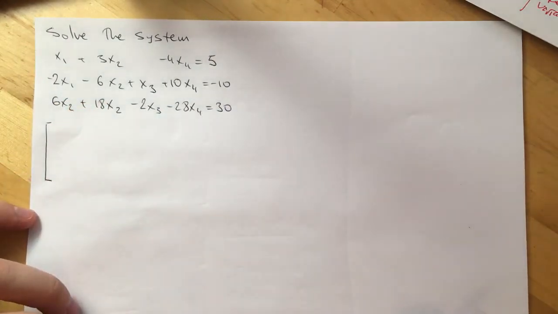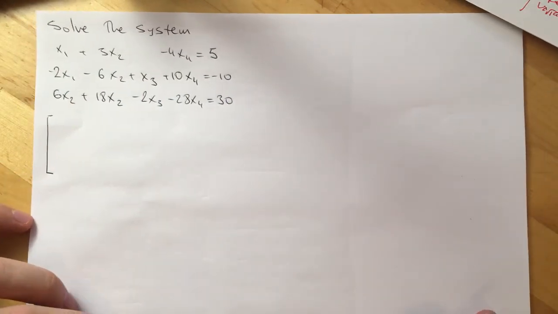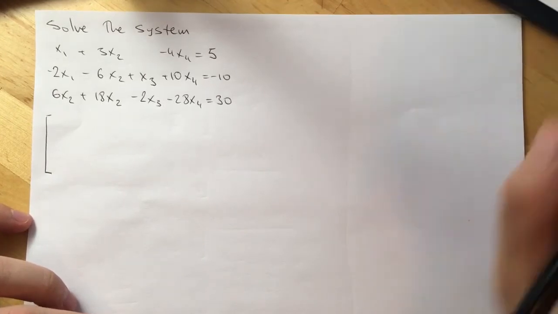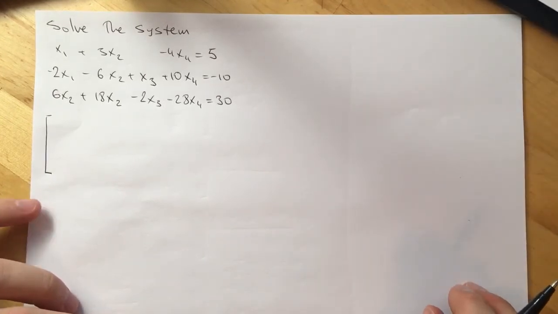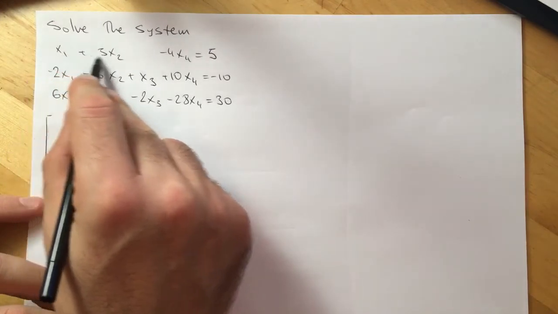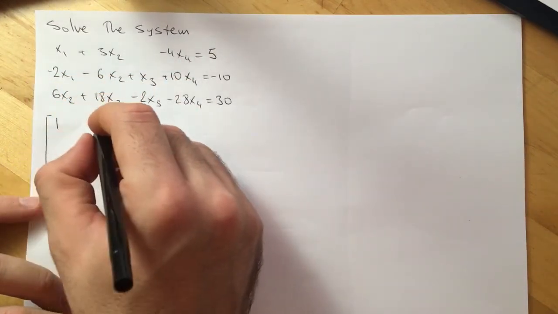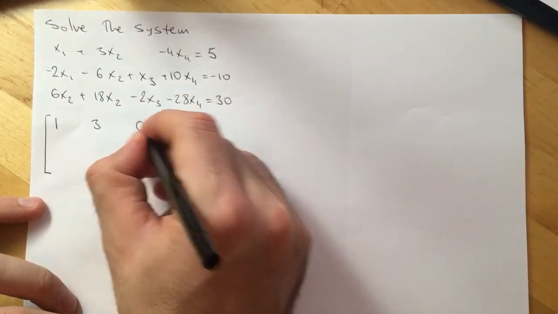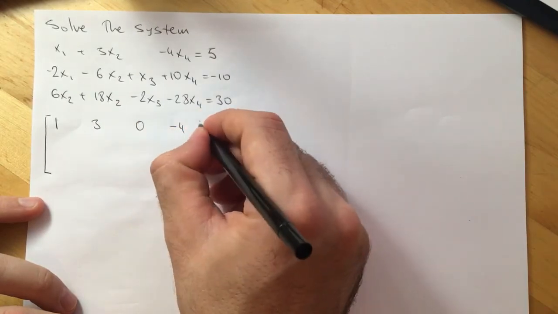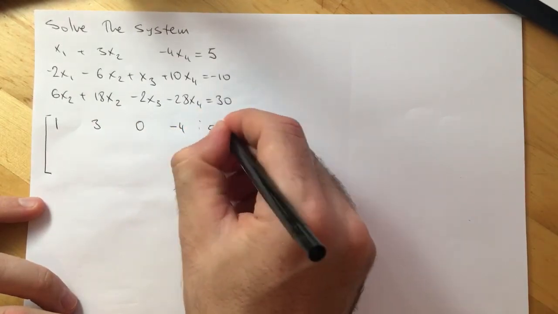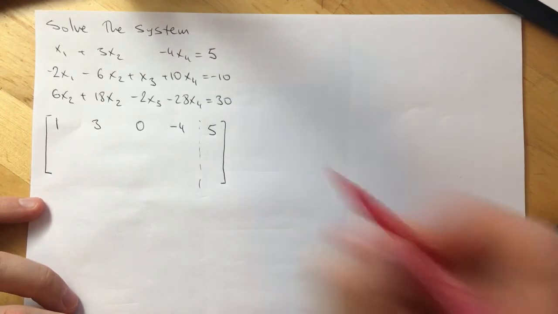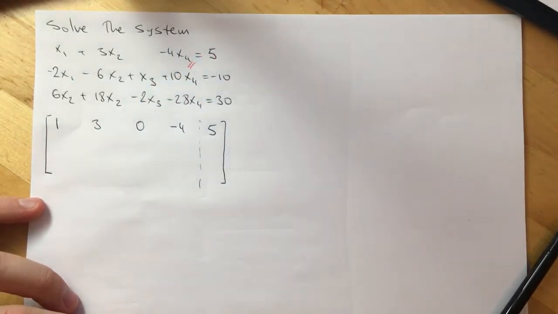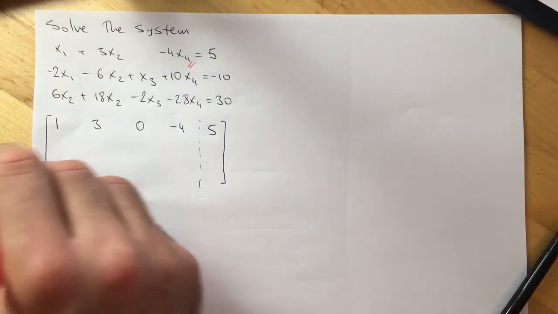First, we create the augmented matrix. So take the coefficients here. So that's 1, 3, 0, negative 4, 5. Right? Be careful. We have four variables.